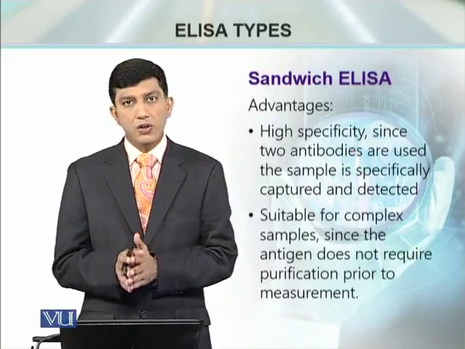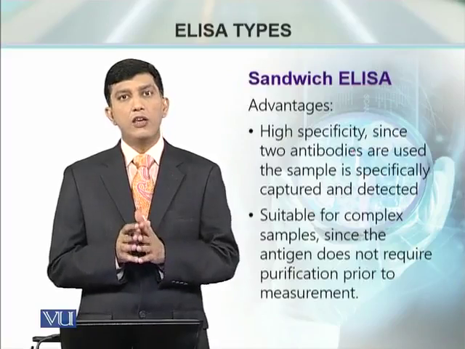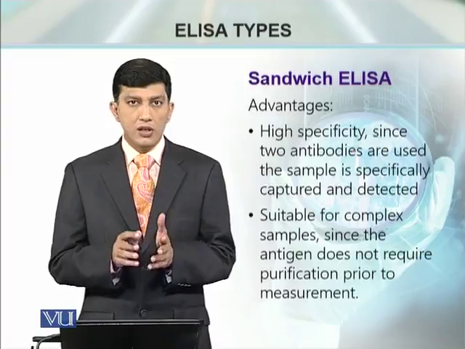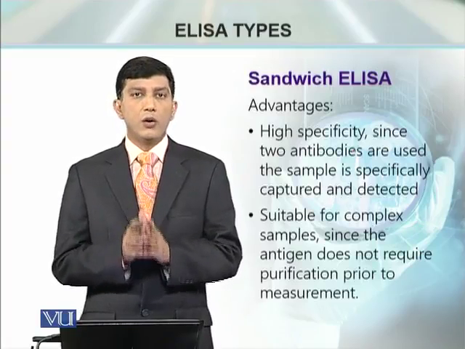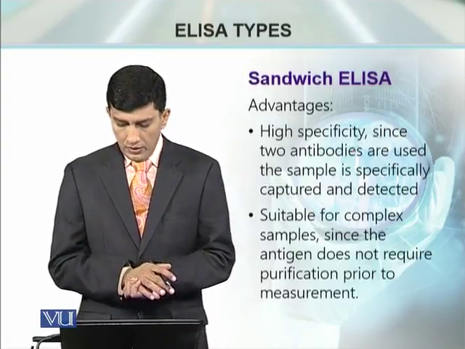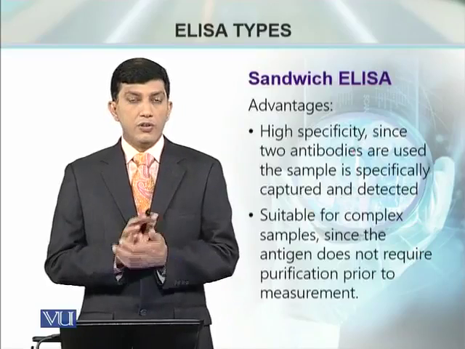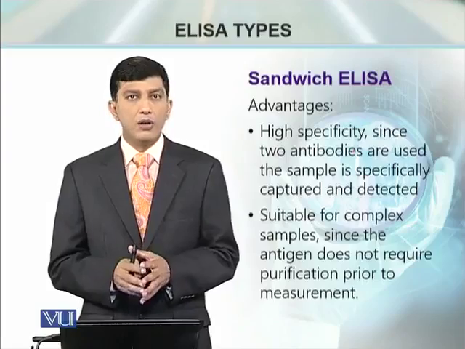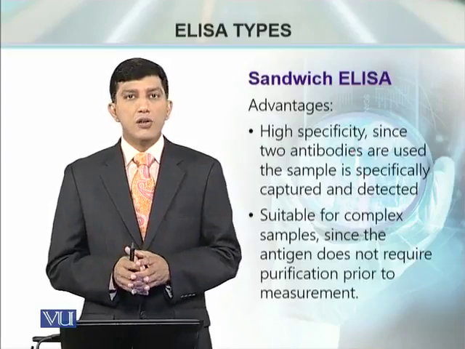This is a highly specific ELISA, and we use this method for some complex samples to detect our required antigen. And for this method, the purification of the sample or the antigen is not required.